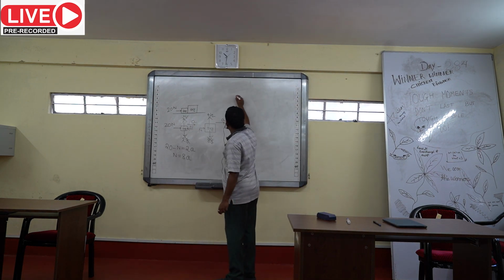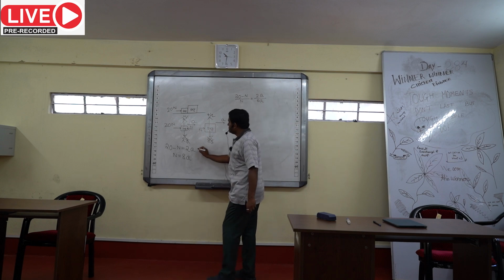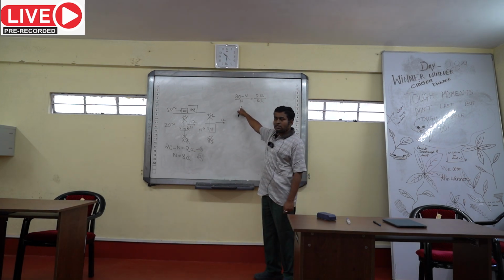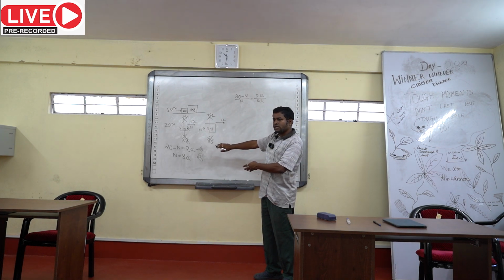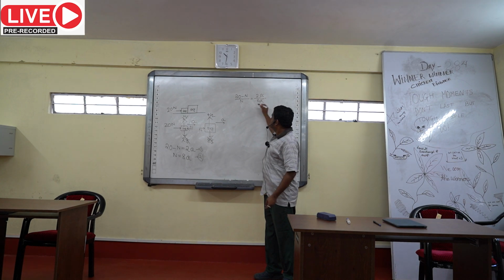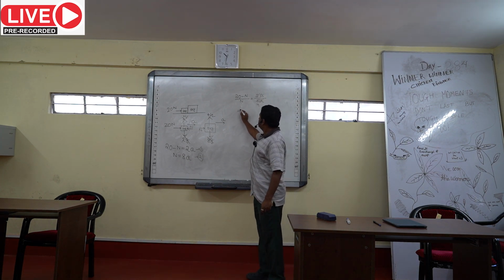Just you have to divide: 20 minus N divided by N equal to 2a by 8a. I will divide equation 1 and 2. 20 minus N by N, left side is divided, similarly right side is divided, equal to 2a by a. 2, 4, multiply.